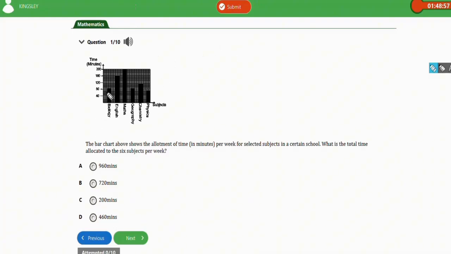Below, the horizontal axis is the subject, the vertical axis is the time. For biology, let me represent it with B. Biology is 80 minutes. Then we have our English, which is 160 minutes. Then we have our maths, which is 200 minutes.